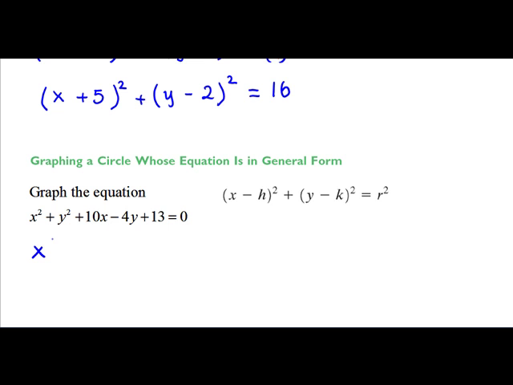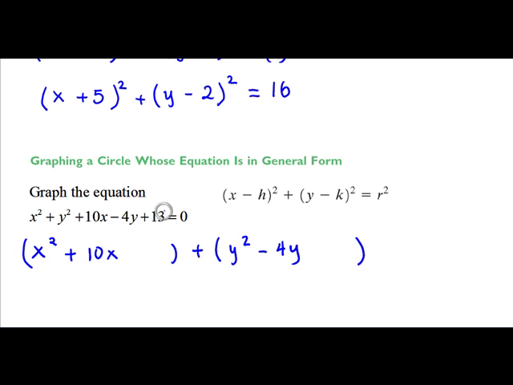Now, this equation contains x and y. So the first step is to isolate the terms and group the x and y together. Here I grouped all the x together, and I give myself a space here. And for the y, I put all the y together: y squared minus 4y, like so.